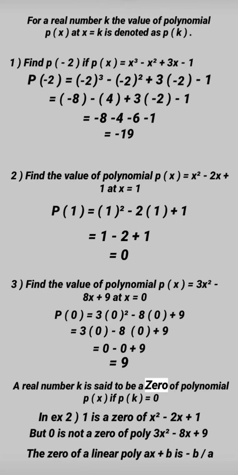Last year in class 9, we learned to find the zero of a linear polynomial. In general, the zero of a linear polynomial of the form ax + b is -b/a. In the next video, we will learn to find zeros of quadratic polynomials.